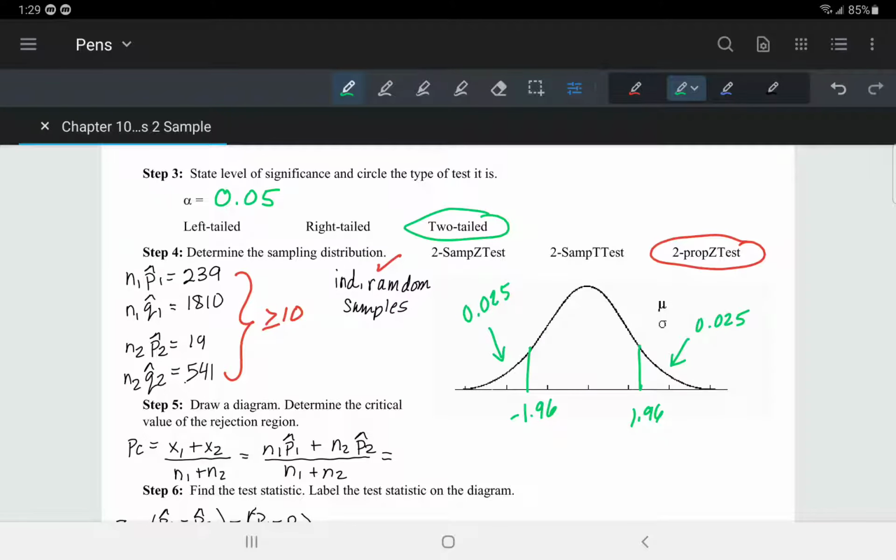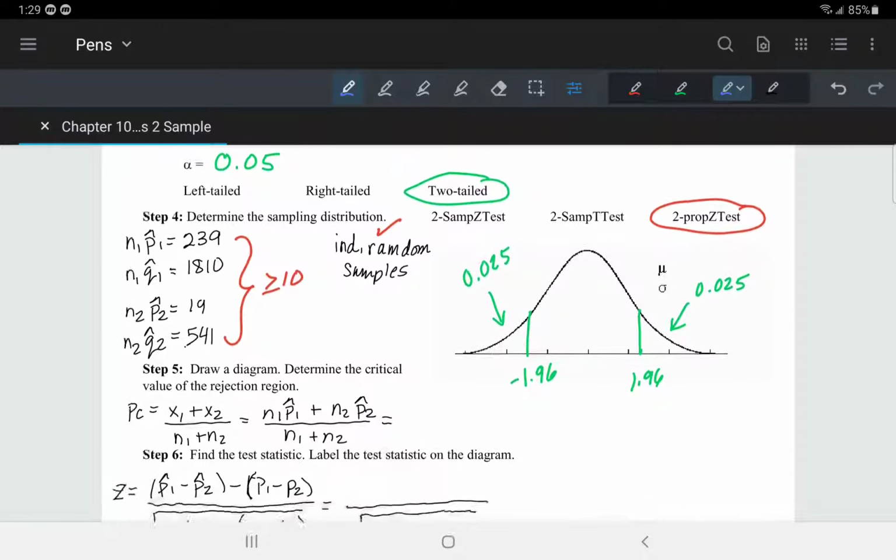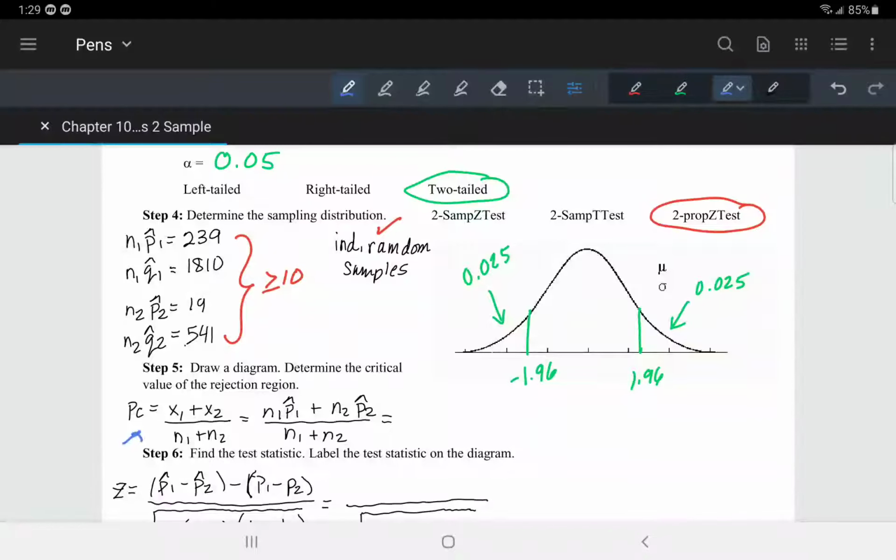Okay. Now we're going to find the test statistic. To find the test statistic, we'll have to calculate this value p sub c, which is x1 plus x2 over n1 plus n2. Remember, the x1 is n1 p1, and the x2 is n2 p2.